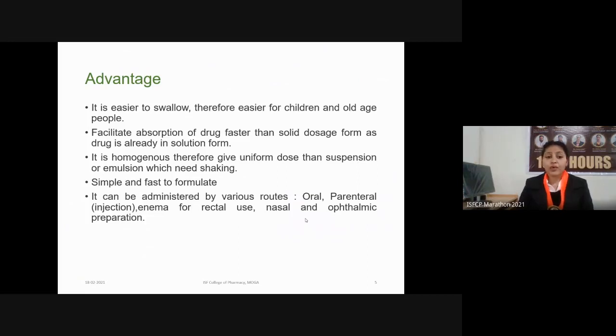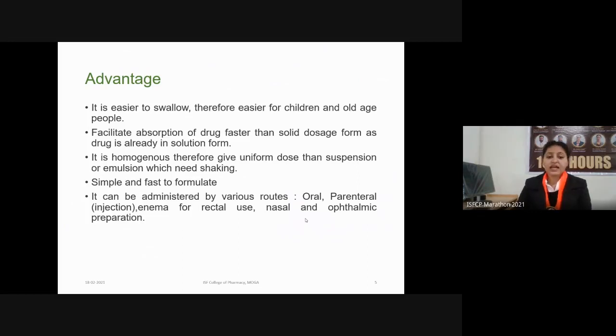The next advantage of the monophasic dosage form is that they are very simple and fast to formulate. As the solute particles are easily soluble in the solvent system, we do not need any kind of special treatment for their preparation. Because of their rapid solubility, they are very easy and fast to formulate.